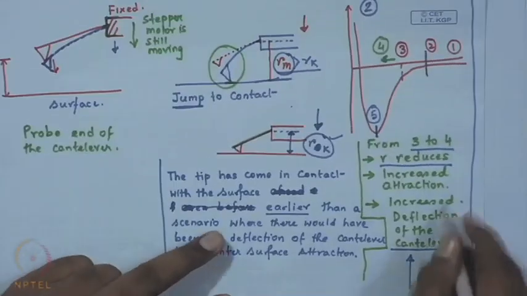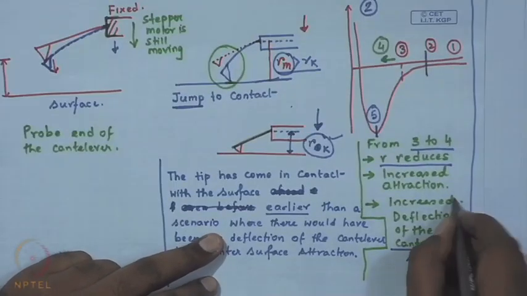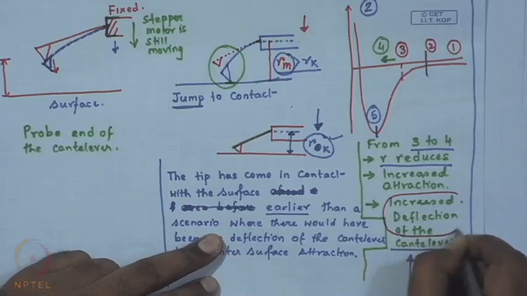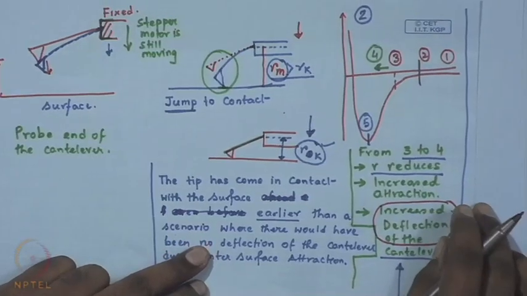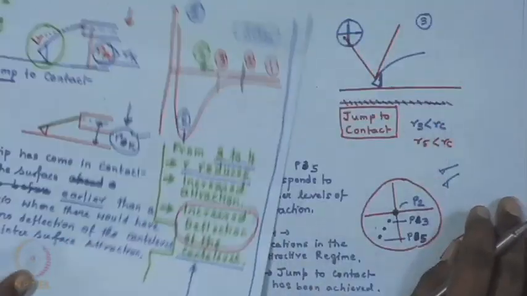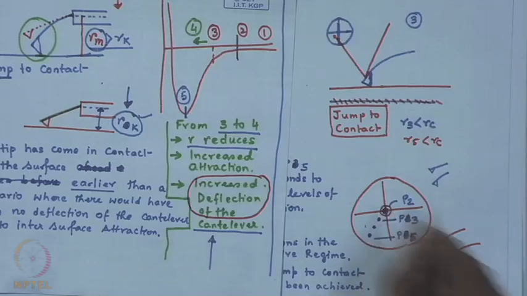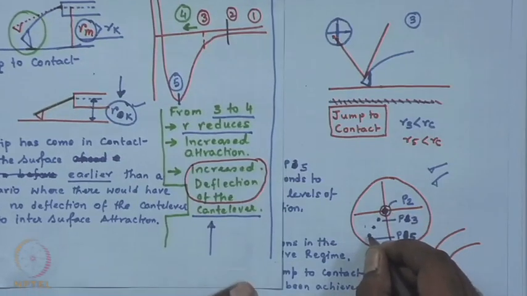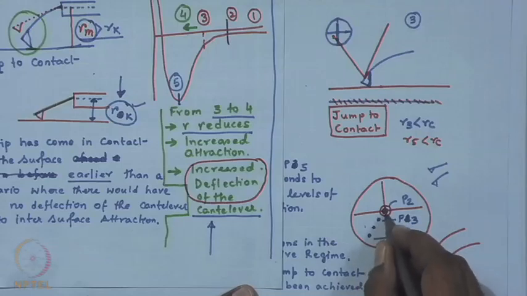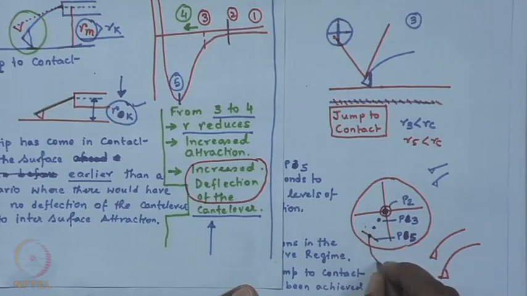As we have documented it here, it results in an increased deflection of the cantilever, and this increased deflection results in progressive or gradual shift of the laser spot from its aligned central location. One can also understand the maximum deviation will occur at the point it comes in contact.